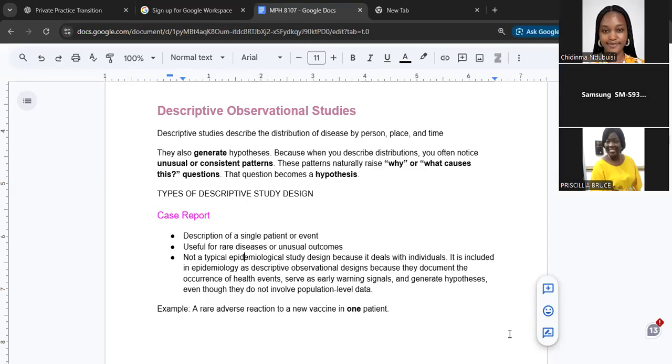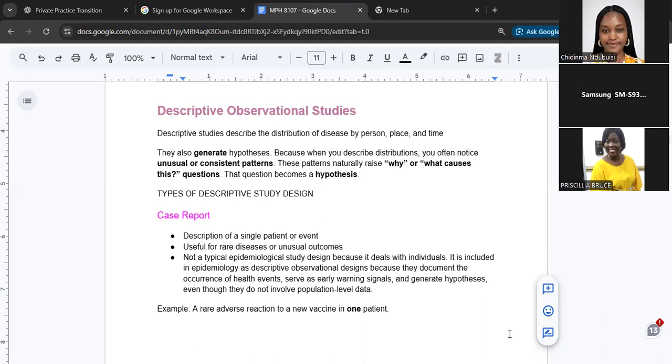So it is not a typical epidemiological study design, because when we were defining epidemiology, we were talking about population; we're not very interested in the individual, it is population we work with. But the reason we include it is because if that one child has that adverse reaction to the vaccine, and we just let it slide, what if there are other children that will start developing that way?